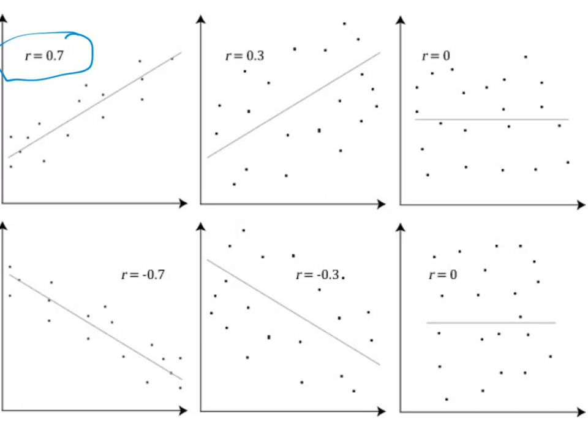Something like 0.7 is going to look like this. It's a little scattered, but it does have that upward trend, staying pretty close, right? Something like 0.3, those dots look like they're all over the place. They are going up in general, but it's not great. Here's another example with the negative versions of it, right?